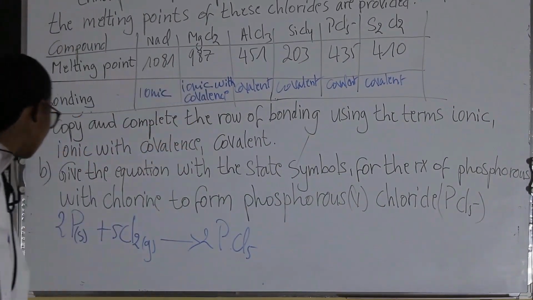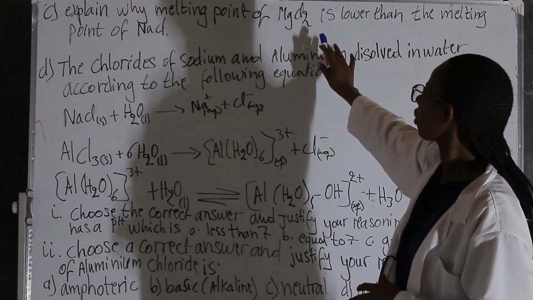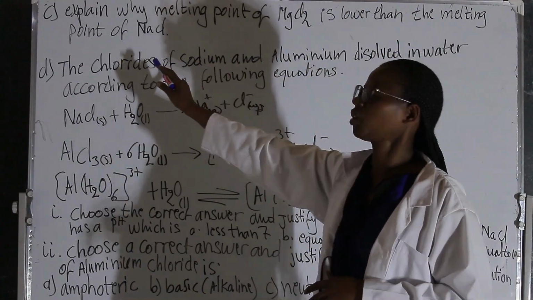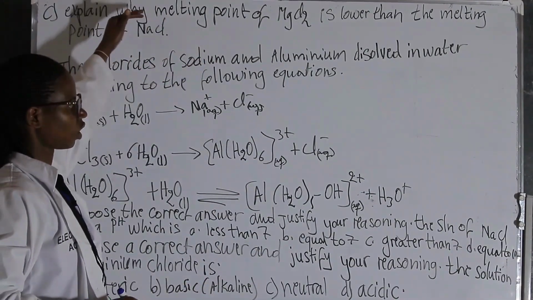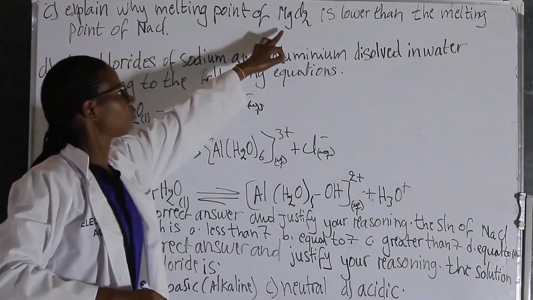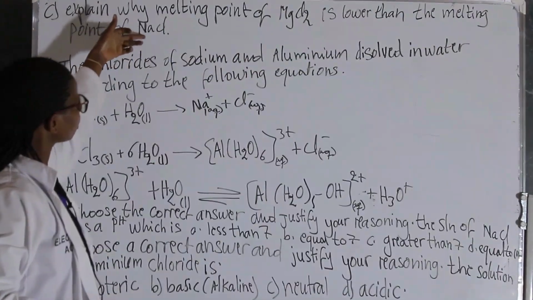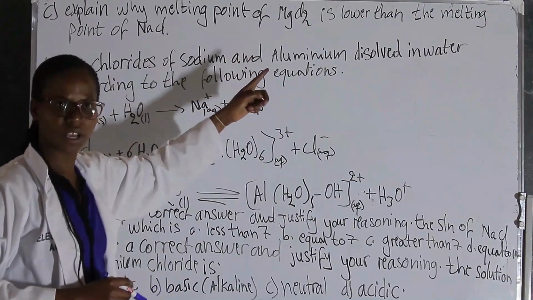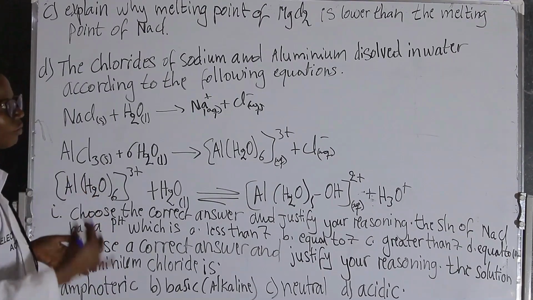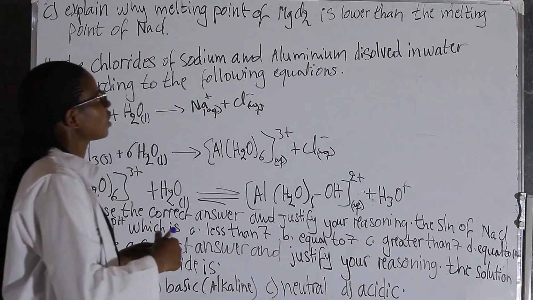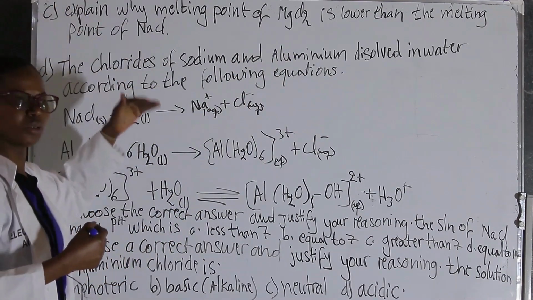Let's move on with the next sub-question. Explain why the melting point of magnesium chloride is lower than the melting point of sodium chloride. According to the table we saw, the melting point of magnesium chloride is less than that of sodium chloride, because magnesium chloride is ionic with covalent character. The presence of that covalent character causes lower lattice energy, which causes the melting point to be reduced.